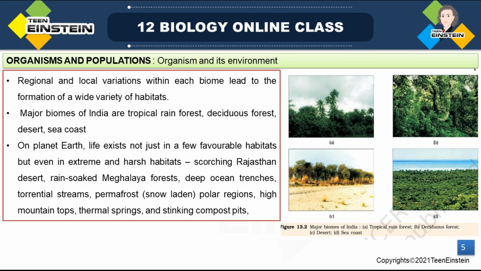That geographical limit within which a population exists is called a habitat. Got it? What is habitat? A geographical limit within which a population is existing, that is called a habitat.